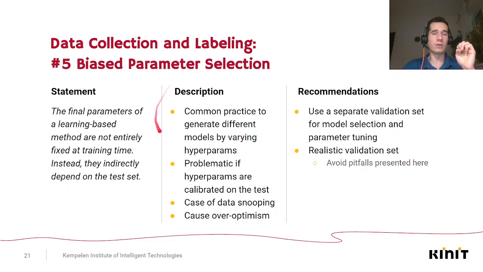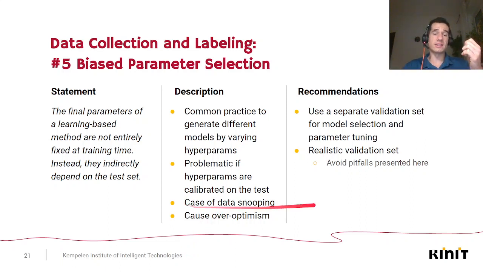So what's the description of the problem? We generate different models or different hyperparameters and test them on some data. When we calibrate these hyperparameters on the test data and then use the calibrated model on the test data once again, we introduce a bias because the model wouldn't be able to see and tune hyperparameters on test data in practice.